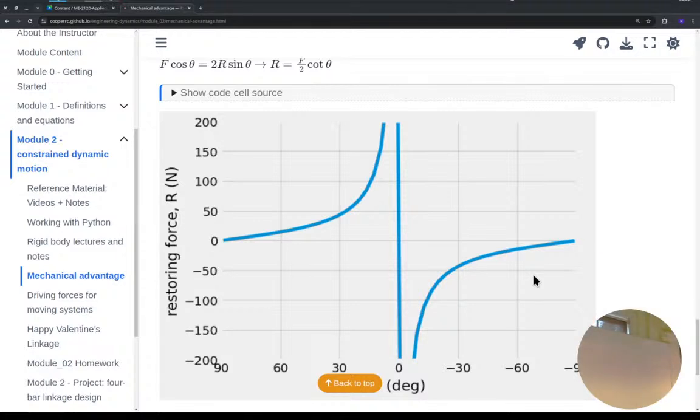It would shoot up, the reaction force that we need going from basically 0 to almost infinite, hundreds and hundreds of newtons, even though we're only applying a 10 Newton down force. Then it would snap through, and now we need negative hundreds of newtons to keep it from flying through, and then eventually go back to 0.